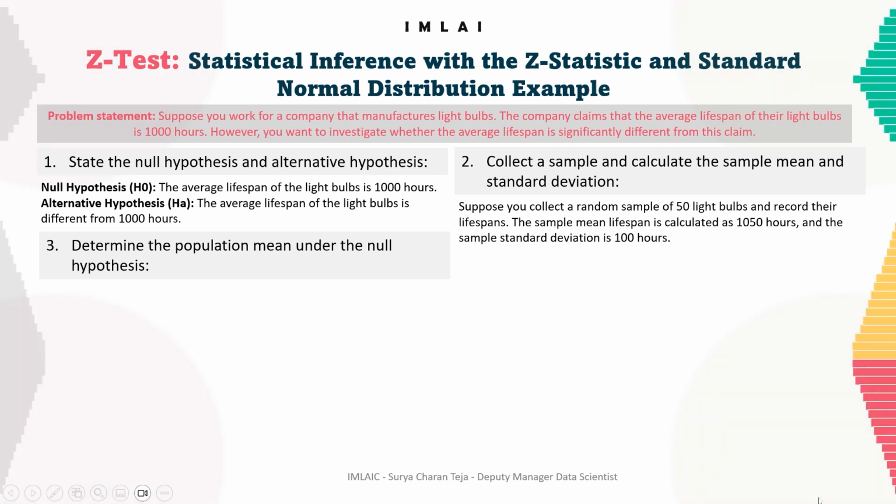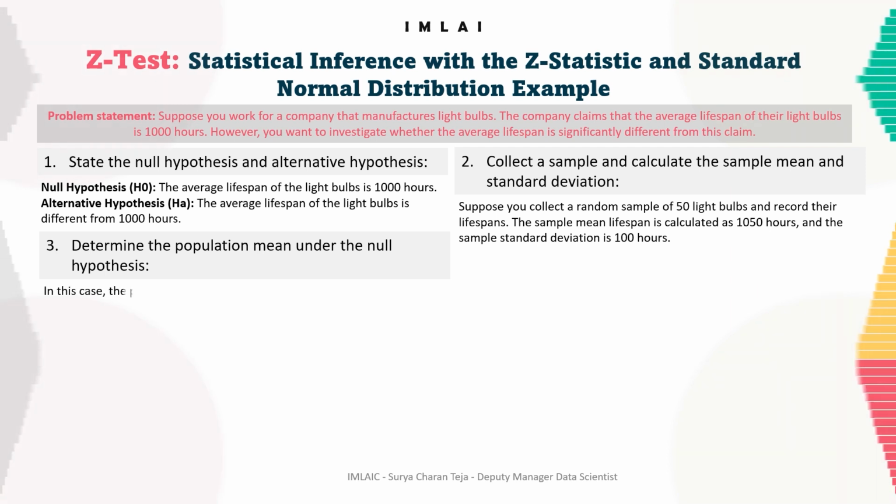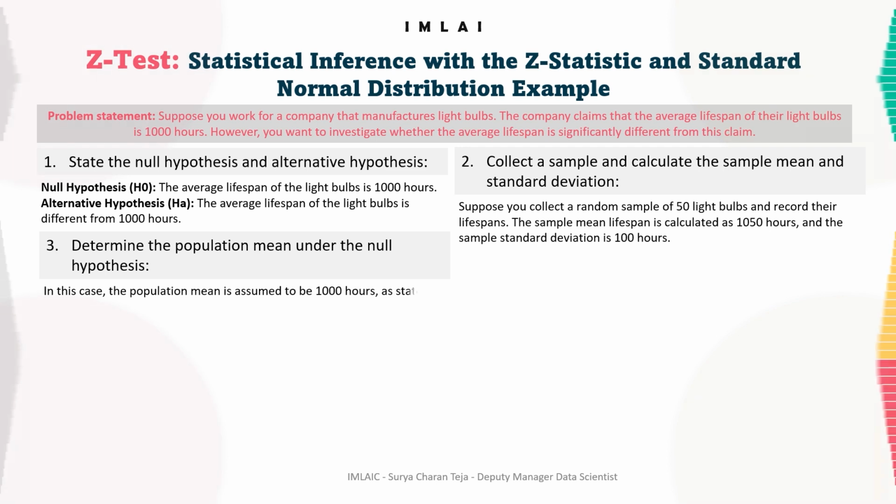We said the population mean is 1000 hours because that's what the null hypothesis says: the average lifespan of the light bulbs is 1000 hours. So that's the reason for us the population mean is 1000 hours.